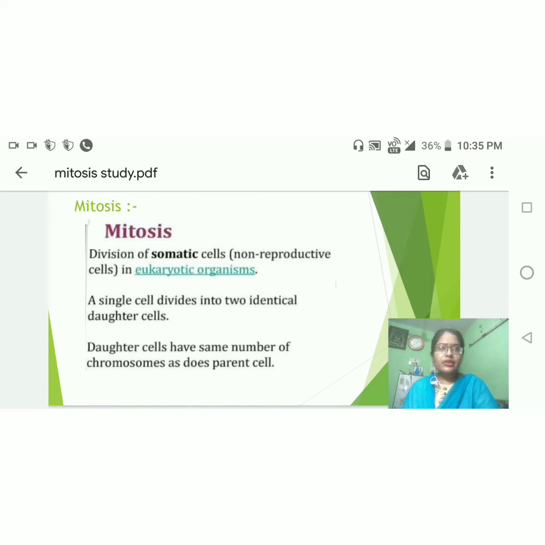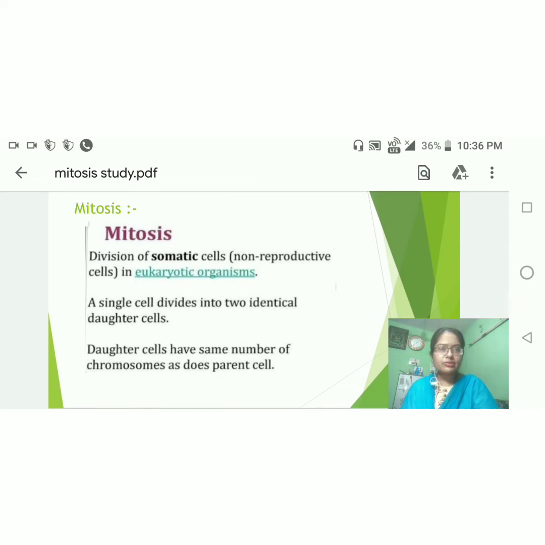When mitosis is going on, there is division of the nucleus as well as the other cell organelles which are important for the inheritance of the genetic material and for its expression. In mitosis, the cell divides along with the nucleus, the genetic material, and the cytoplasm. It is a complete division.